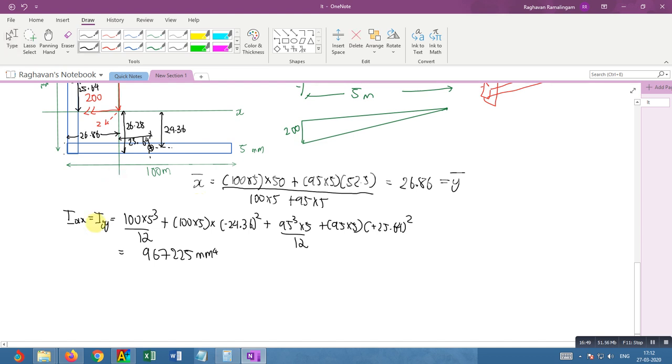I then go to Ixy. So basically this is easy to find. Just multiply the area of each component with its coordinates.